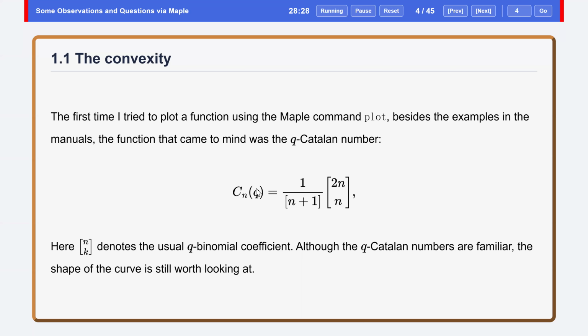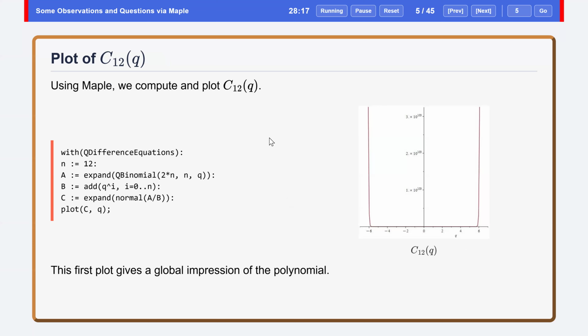Although the q-Catalan numbers are familiar, the shape of the curve is still worth looking at. So here is how it looks.